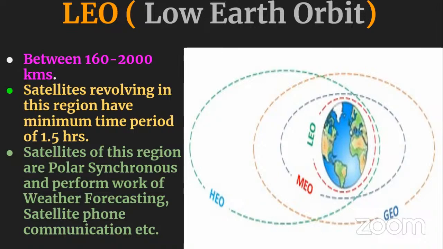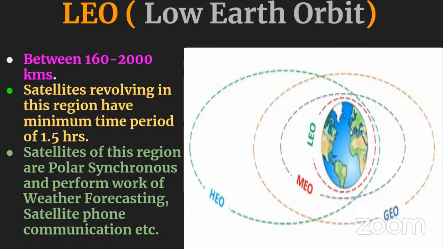Therefore, less force was acting on the geostationary satellite. Whereas the polar synchronous satellites, or the satellites in the LEO orbit, are near, so the distance is less. Hence, as per the law of gravity, the gravity force will be more on the satellites in LEO orbit as compared to the geo orbit.